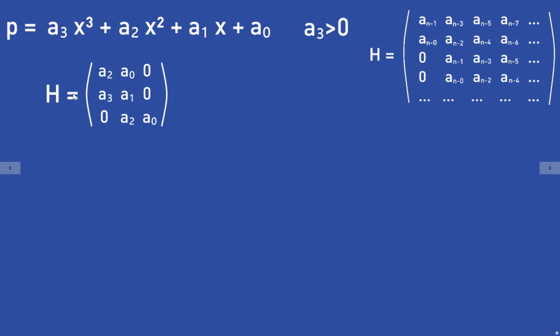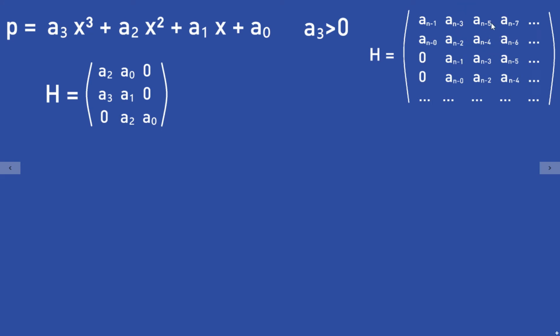So to find this matrix here, we have to take a look at the general matrix again. So we have to insert here for the coefficients. So n is equal to 3. So n minus 1 is 3 minus 1, so a2. 3 minus 0 is 3, and here we have 0. 3 minus 3 is 0, so a0. 3 minus 2 is 1, so a1. 3 minus 1 is 2, so a2.